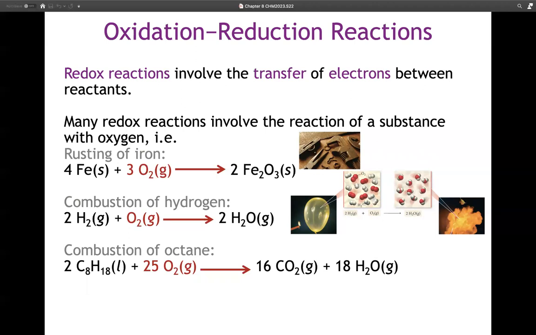And many of the redox reactions actually involve oxygen, and an example was combustion reactions, right? Combustion reactions are one of the different types of reactions, but those are also redox reactions because there's transfer of electrons between the two components or the two reactants.